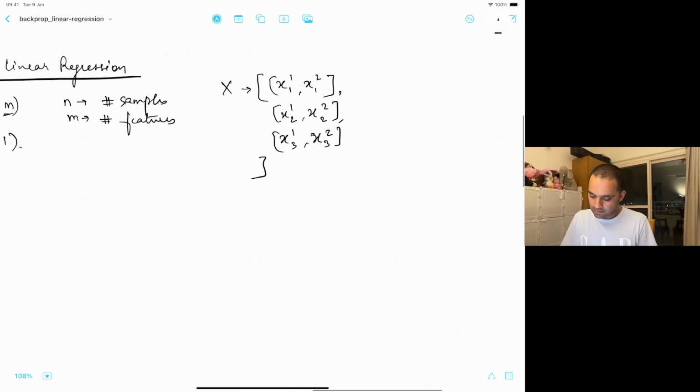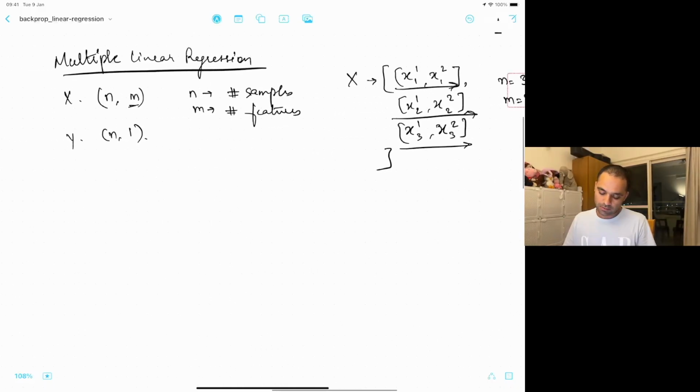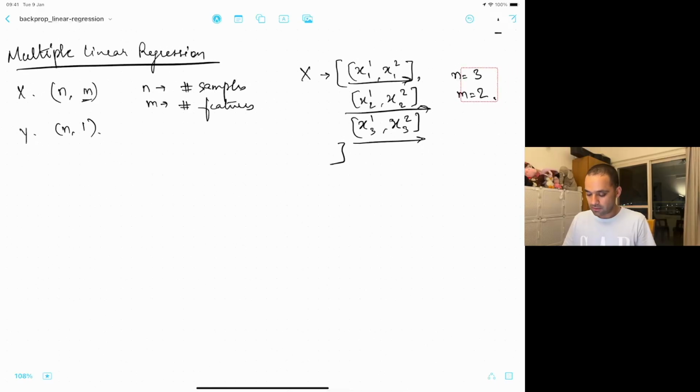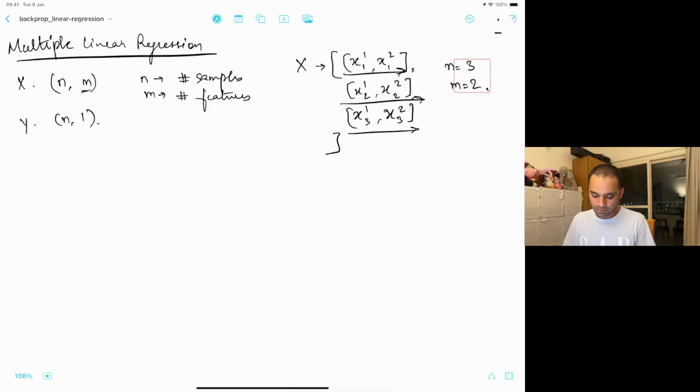So this is n equals 3, m equals 2. This is an example of x. Each row, each sample, has two features. So basically there are two features in the data set and there are three samples. I'm taking this example because with m equals 2 it would be easier to derive the dW and db calculation.